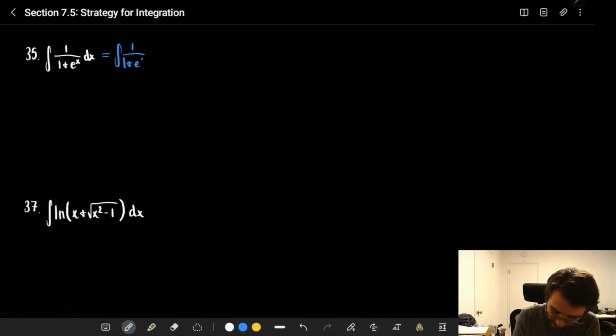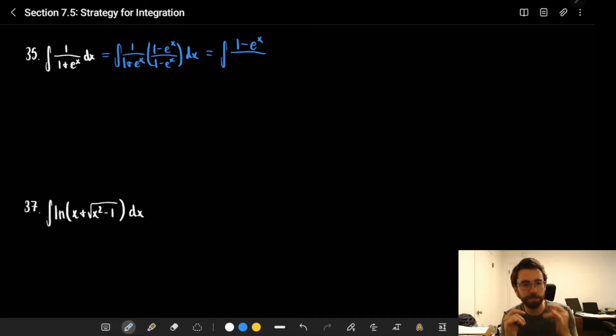We're starting to get into the hard ones if you can't tell. Can I multiply by 1 minus e to the x? Right, so this would be 1 minus e to the x on top. And then you get a nice difference of squares. That's 1 minus e to the x squared, or 1 minus e to the 2x. Is that better? I'm not sure.